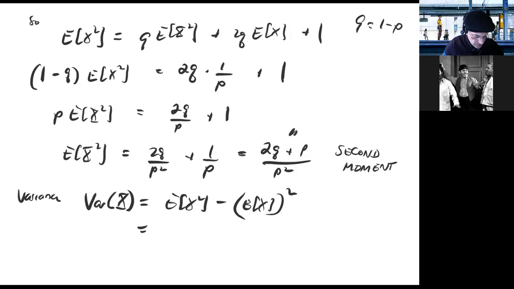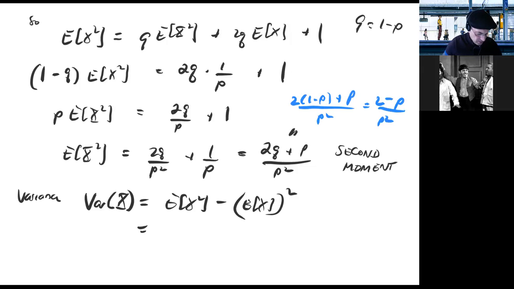2q plus p is 2 times 1 minus p plus p over p squared. And this becomes 2 minus 2p plus p, so 2 minus p over p squared. Okay, so what do we get?